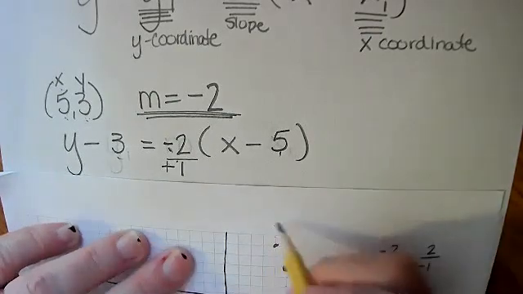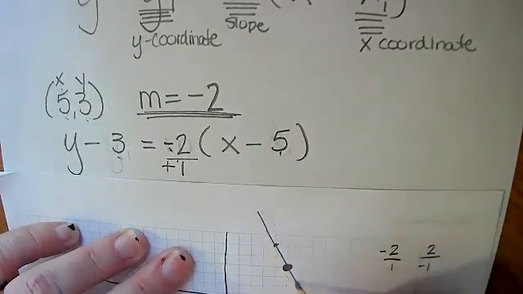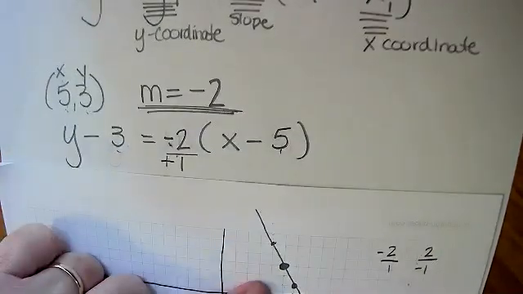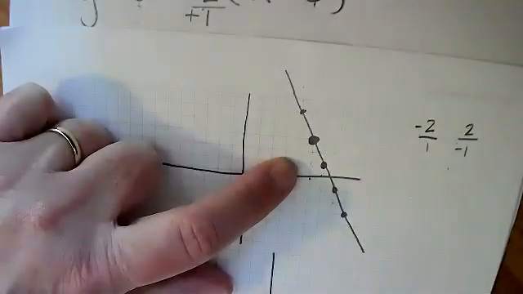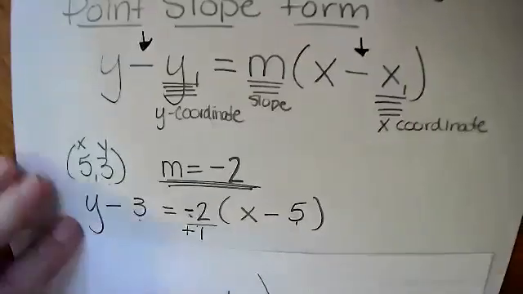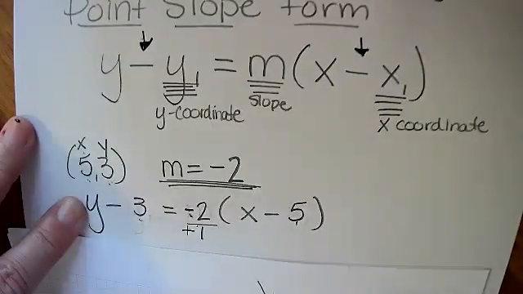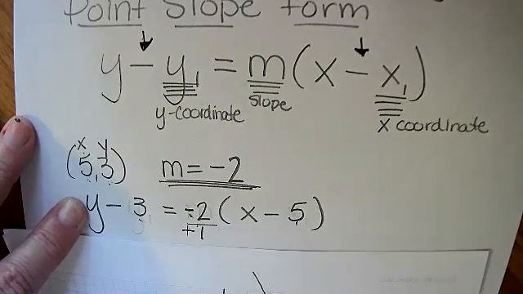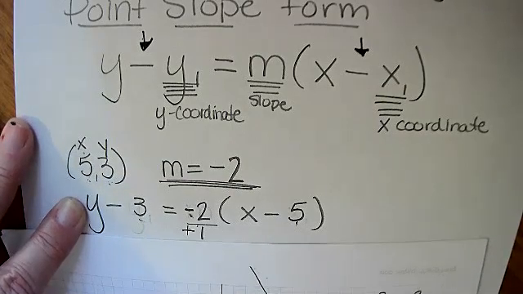Uh-oh, ran out of room. So guess what, you guys? Here is my graph that goes with this point slope form. That's it. I promise, this is how easy this is. Now, of course, there's a twist, but I'll talk to you about that in one second.